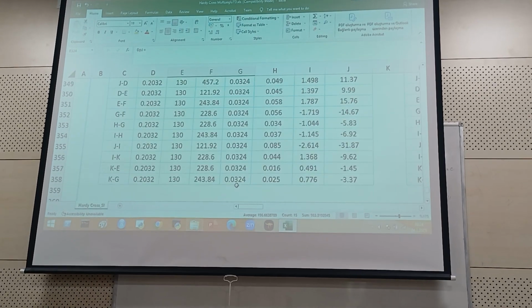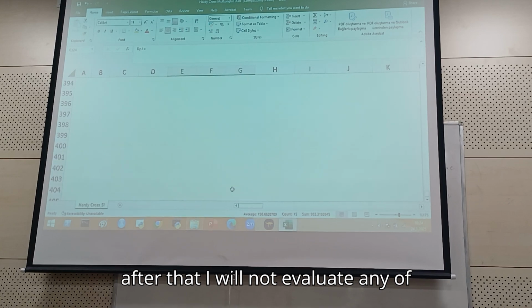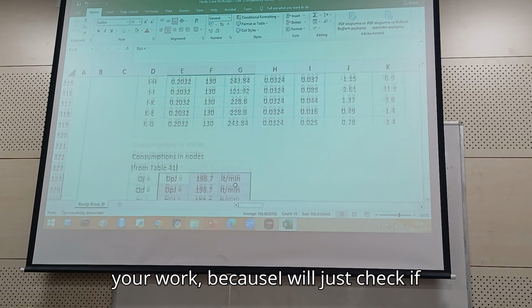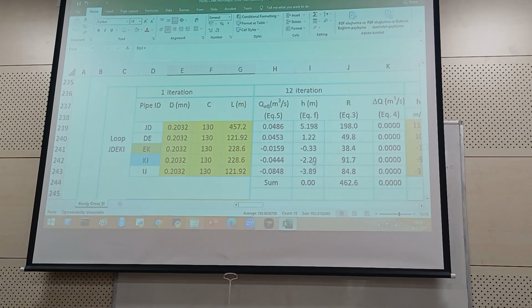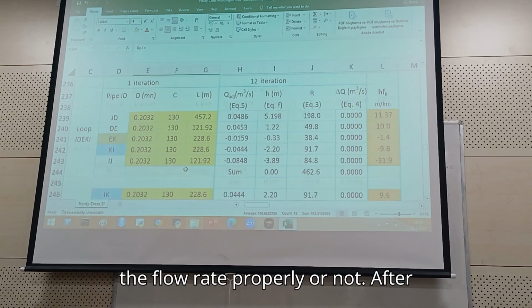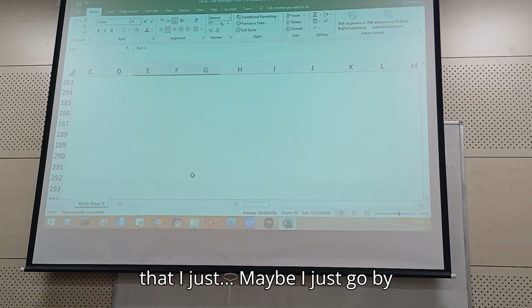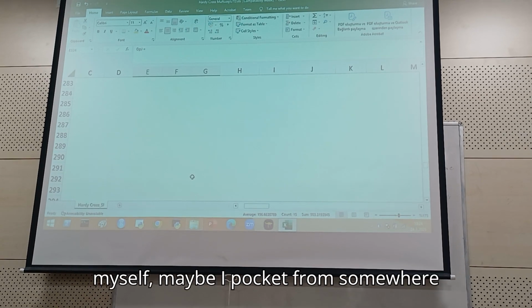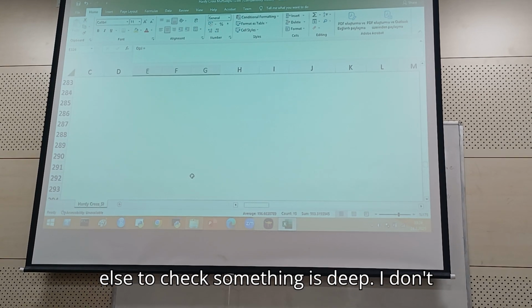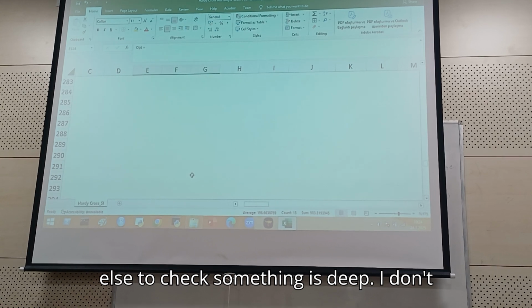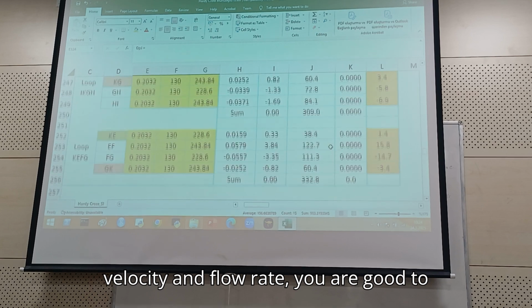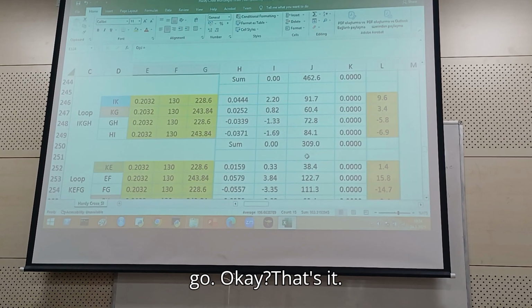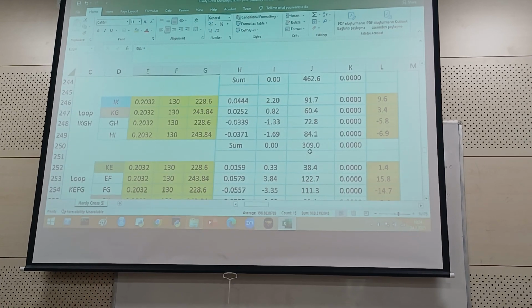After that, I will not evaluate any of your work, because I will just check if you have found the velocities and also the flow rates properly or not. Maybe I wrote it myself, maybe I copied it from somewhere else in the past, I don't remember. So after you find the velocities and flow rates, you are good to go. Okay? That's it.